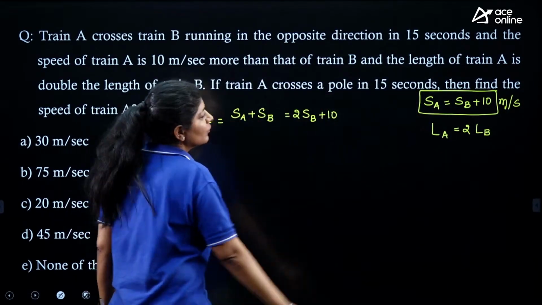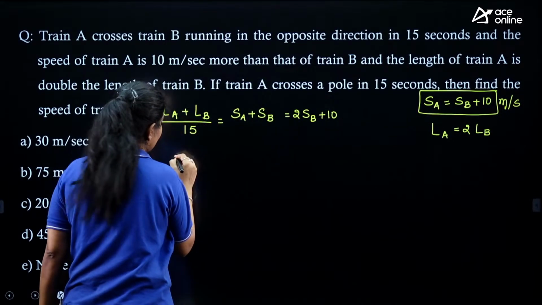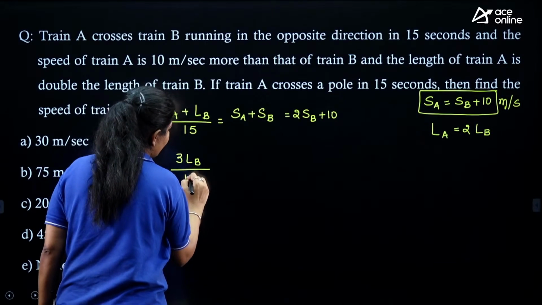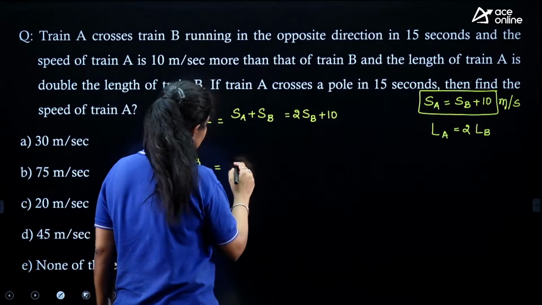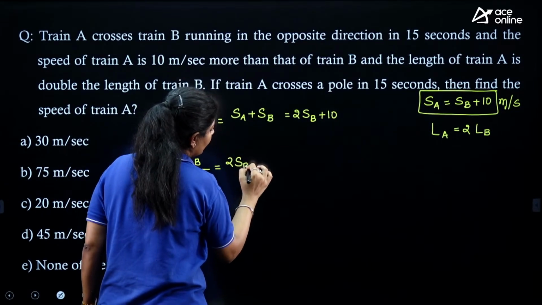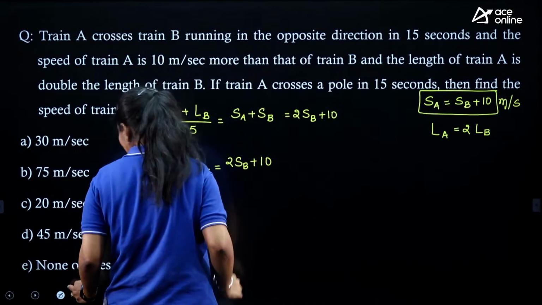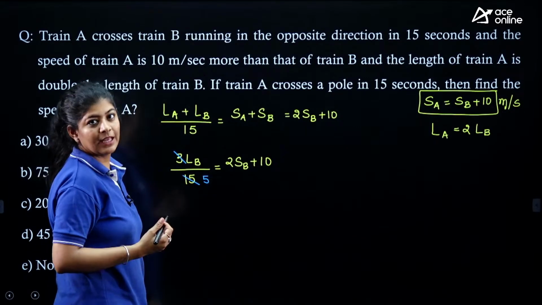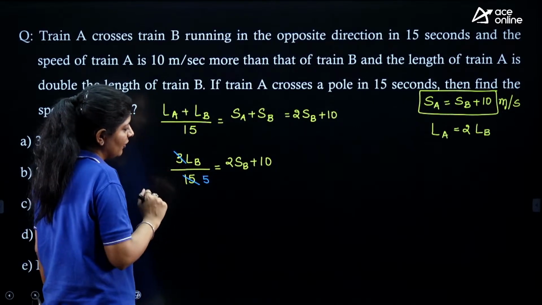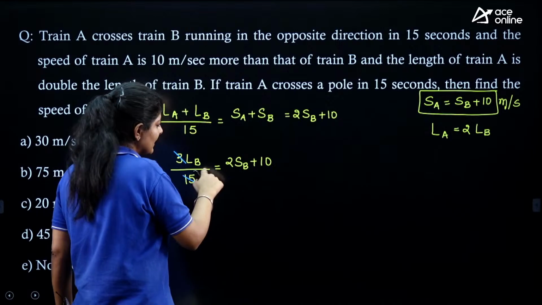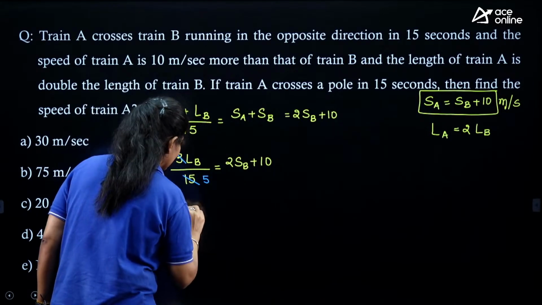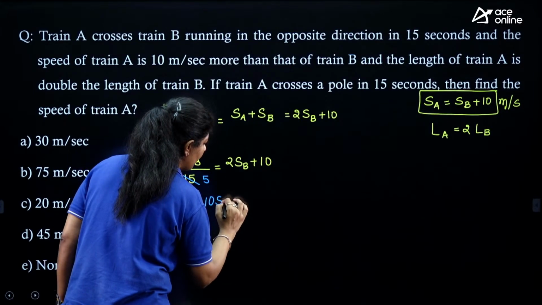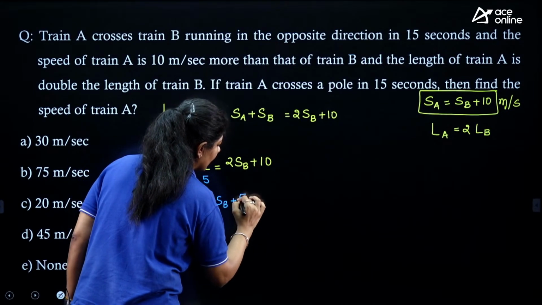If we use this over here, we get thrice of length B divided by 15, and that is equal to twice of (speed of train B plus 10). Can we eliminate anything? Yes, here we can easily eliminate with the help of 3, and here we get 5 in the denominator. Now we simply transfer this 5 to this side, and the length of train B that we got over here is 10 of speed of B plus 50.